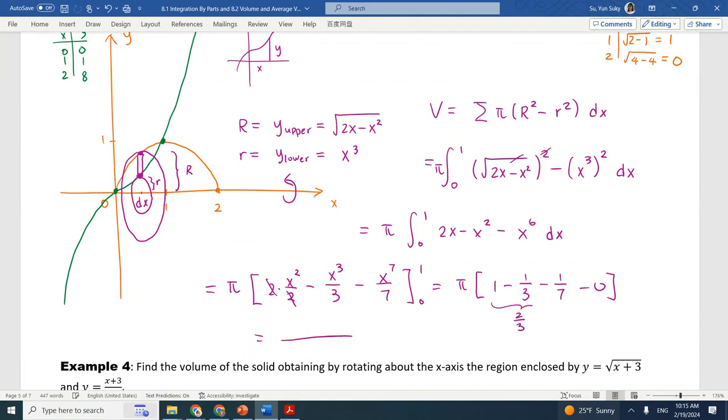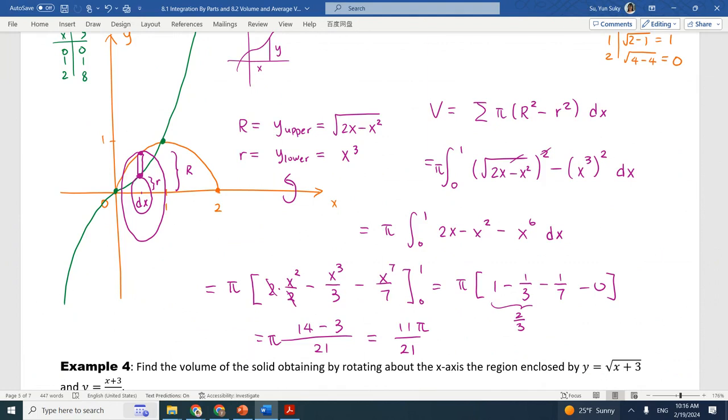The common denominator of 3 and 7 is 21, so 3 times 7 is 21. 2 times 7 is 14, minus 3, which is 11. Yes, 11/21. I missed something: I need the pi. So this is our answer.